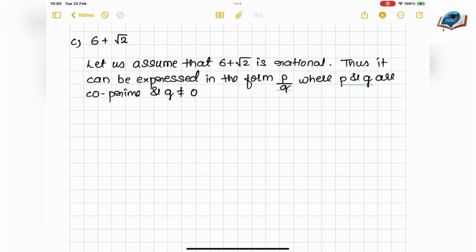So 6 plus root 2 equal to P upon Q. So root 2 will be equal to P upon Q minus 6. So root 2 equal to P minus 6Q upon Q, and here P, Q and minus 6 are integers.